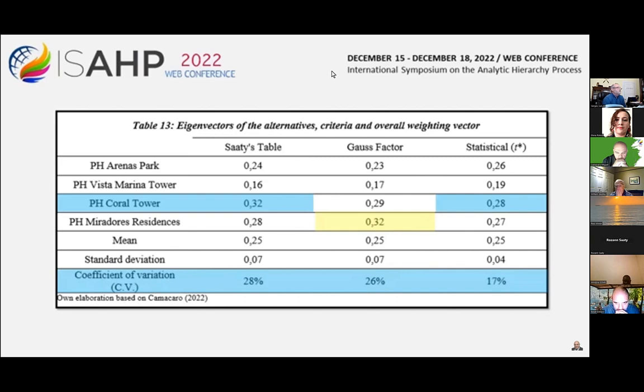It is observed that, for the three approaches, the difference between the ranking values of PH Arenas Park and PH Vista Marina Tower is 0.08, 0.05 and 0.07 respectively, while between PH Coral Tower and PH Miradors Residences, the difference is very similar for AHP, SAHI, and AHP Gaussian, while it is minimal for AHP, D**, which evidences the robustness of the solution proposed in this research work.